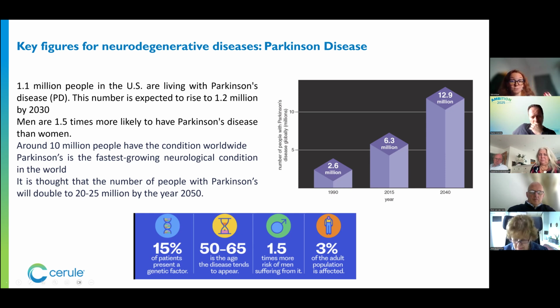It was 2.6 million people with Parkinson's disease in 1990. In 2015, it's 6.3 million, expected to increase to nearly 25 million by the year 2050.